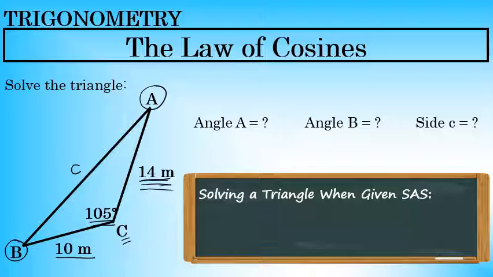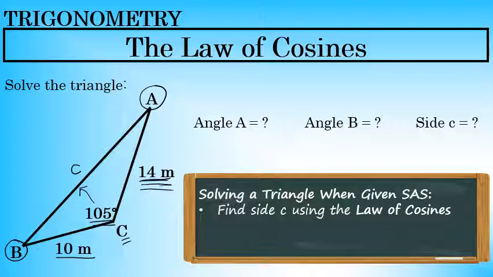When solving a triangle, given side, angle, side, first, we're going to find side C using the law of cosines. In general, if you were given a side and then an angle and then a side, the first step is to find the side that is opposite the given angle using the law of cosines.